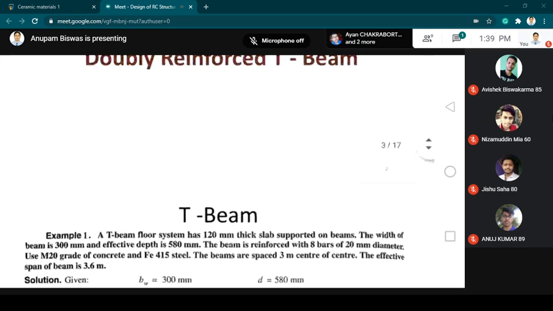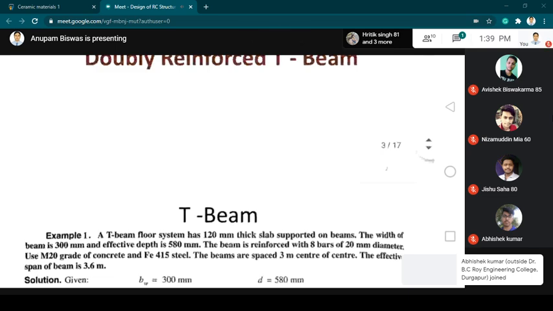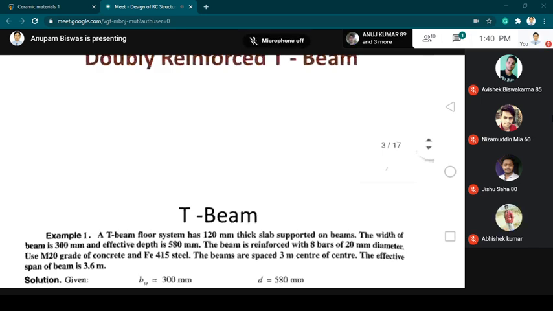So let us discuss the problem. For a slab system, there is a 120 mm thick slab supported on beams.